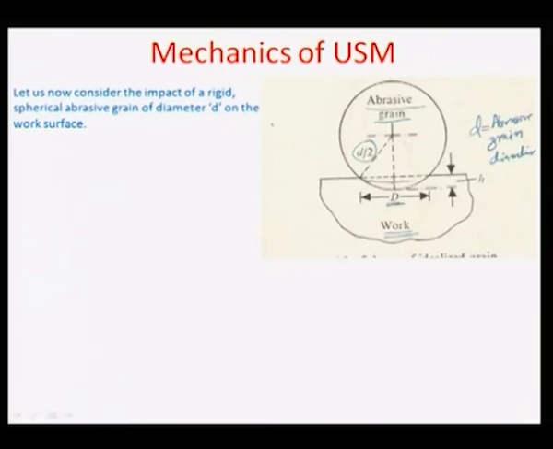So this right here is a circular region which is the affected region because of the plowing action of the grain, and capital D is the diameter of the impact.